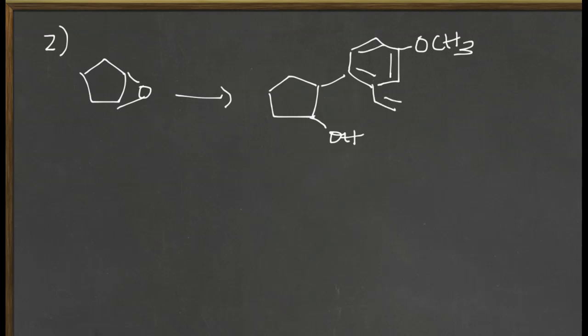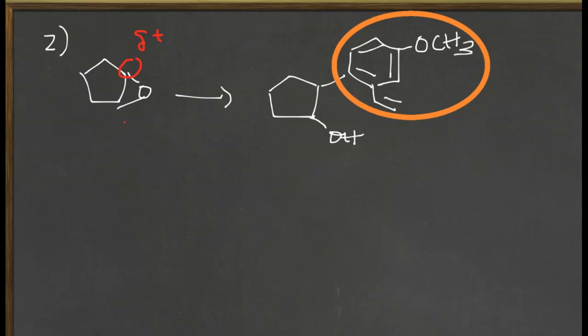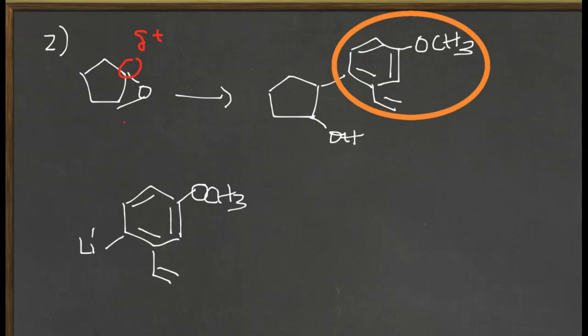So if this is the bit that's been added, and it's clearly adding to here, and we know that is an electrophile, then this chunk of carbon must be added as a nucleophile. The easy way to make this into a nucleophile is to make the Grignard or organolithium. So you've got two choices: make it an organolithium reagent, make it a Grignard. Either one will work just fine.